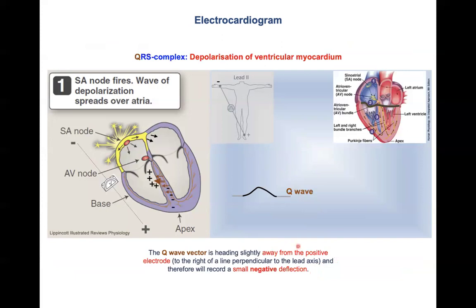Now we start the depolarization of the ventricles, which is also known as the QRS complex. Here we see the vector, the brown. The depolarization wave indicated by this vector is going from left to right, from the plus electrode to the negative electrode.